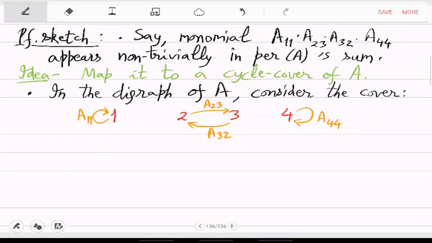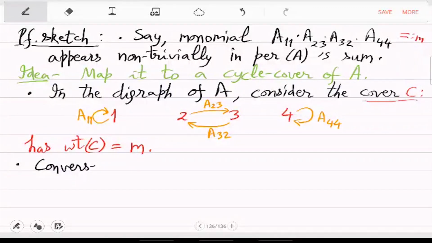So this has the same weight as the monomial m we were talking about. This cycle cover contributes this much weight to the right hand side of the equation we were considering, and it matches the definition of the permanent of A.